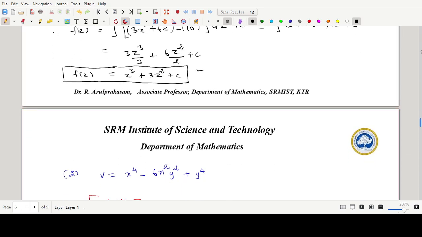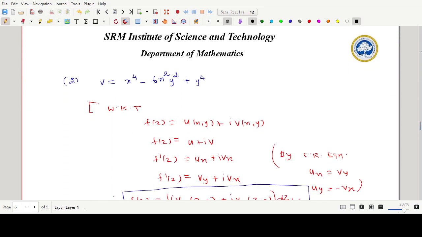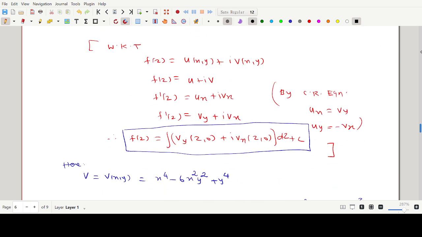So I'll move on to another problem. Here the imaginary part is given. How do we get the corresponding analytic function when the imaginary part is given? The same rule we can follow. No need to memorize the formula. You know f of z is u plus iv.